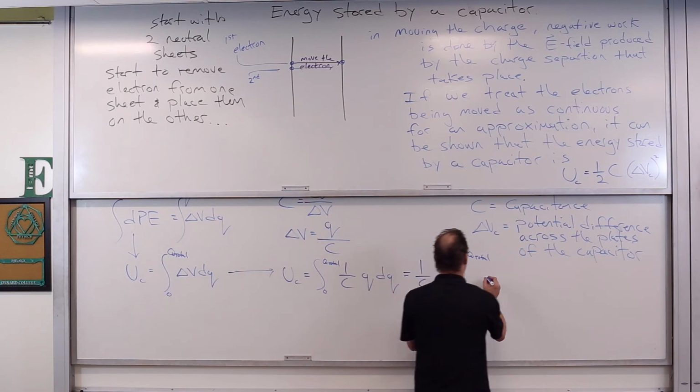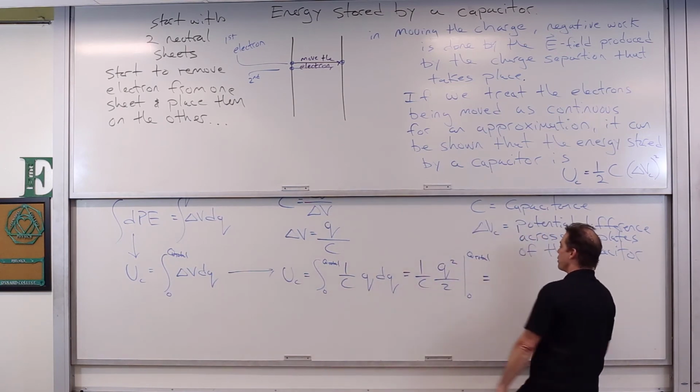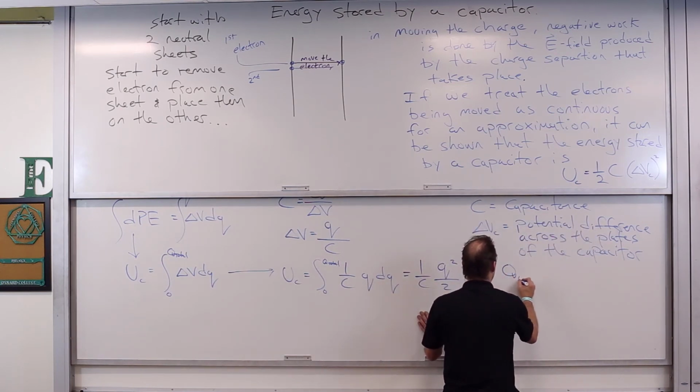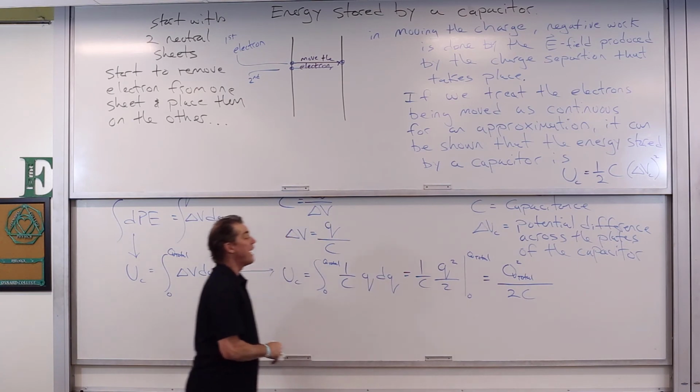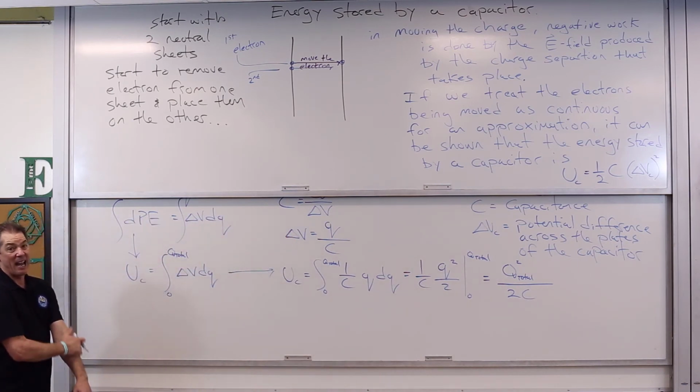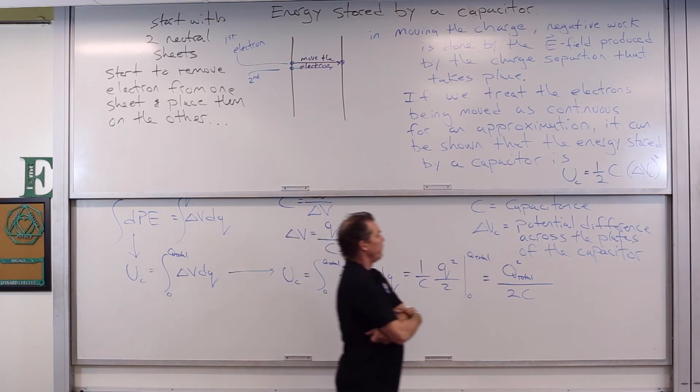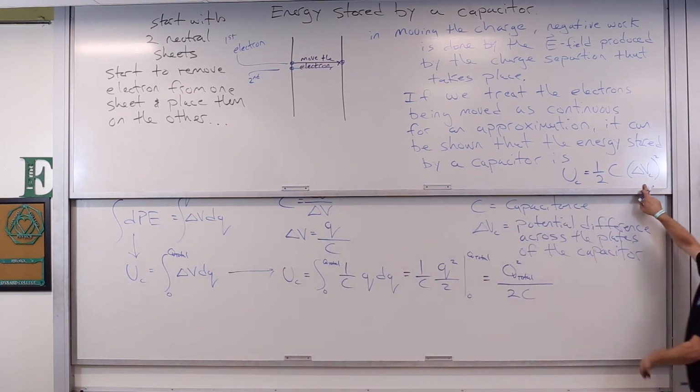And in doing so, what do we get out of this? We've got Q total squared divided by 2C. There's the energy stored by a capacitor. Ooh, it depends on the charge that's been separated and the capacitance. You may say, well, wait. You said that the energy stored was 1/2 C delta V squared.